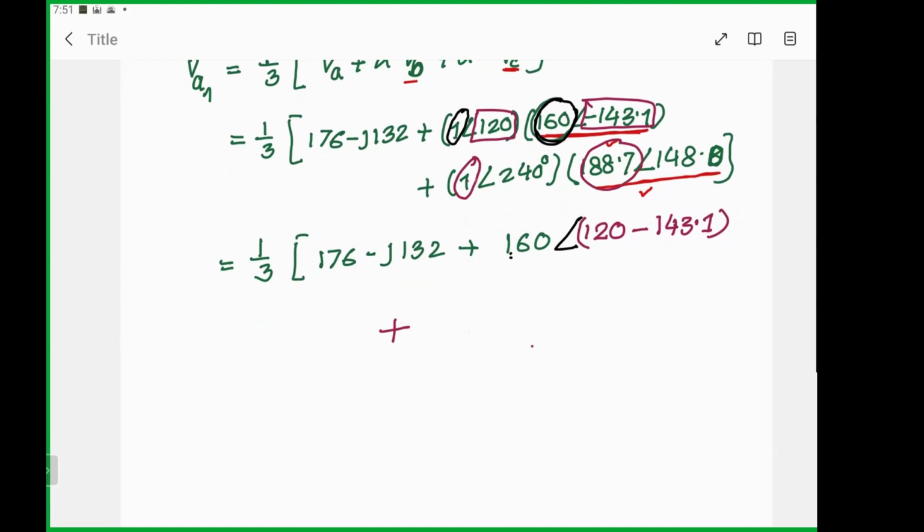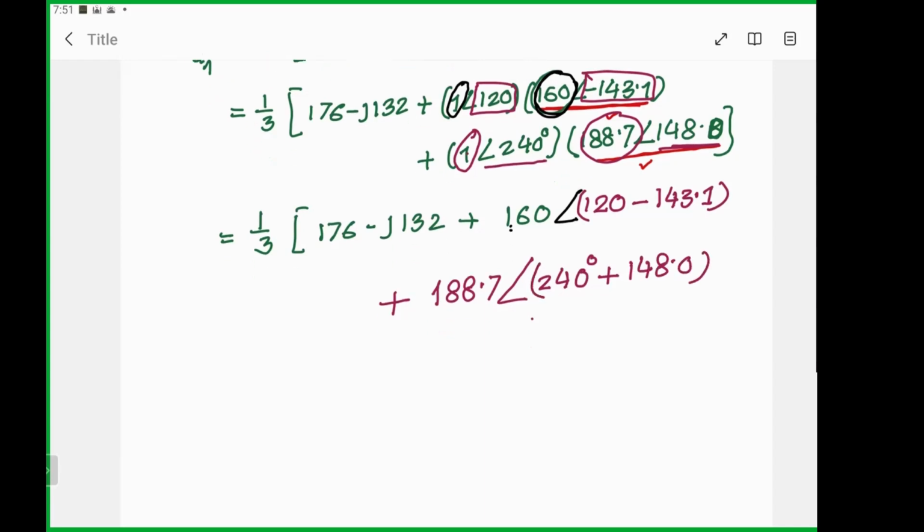So 1 will give you the same value, so it would be 188.7, and the angle again we add this one and this one. So it is 240 degrees plus 148.0.